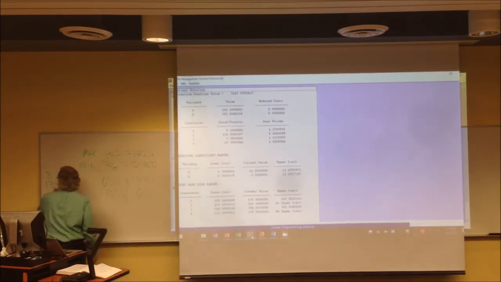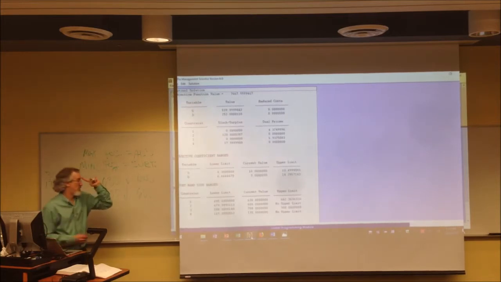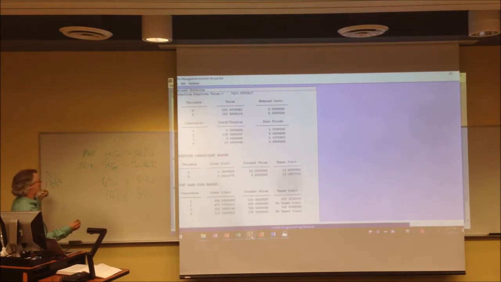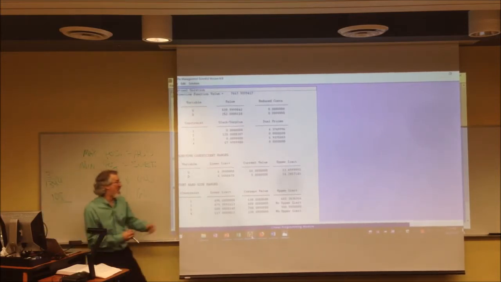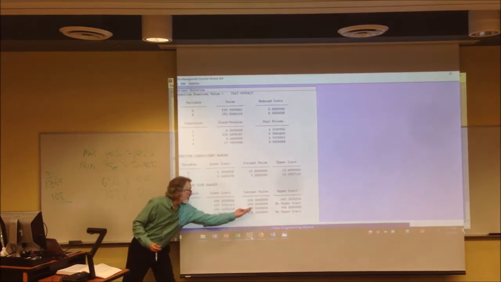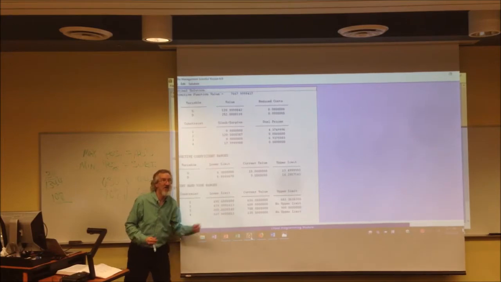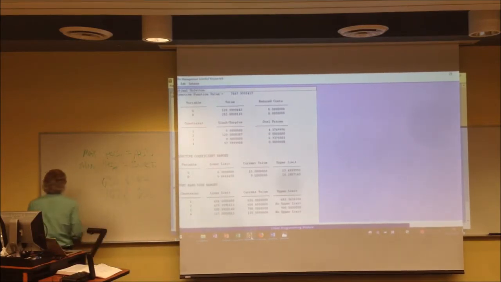Is that true? Yes. Then the other one's going from 708 to 600, which is 108 units down, divided by the amount it could go down, which is 128, right? 708 minus 580 is 128.